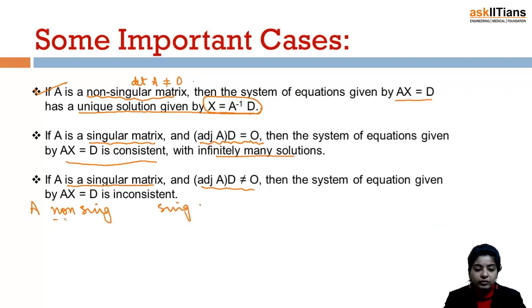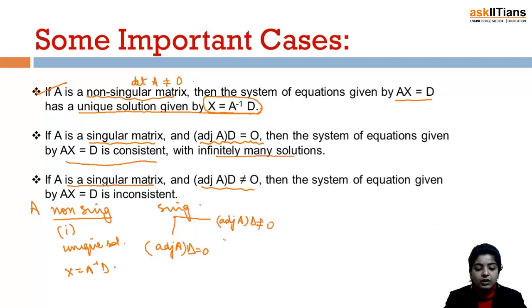If A is non-singular, then the first case says that you will get a unique solution given by X equal to A inverse D. And if A is a singular matrix, then you can have two cases depending on whether adjoint of A into D is 0 or adjoint of A into D is non-zero. If adjoint of A into D is non-zero, then the system would be inconsistent. If adjoint of A into D is 0, then the system would have infinitely many solutions and it would be consistent.